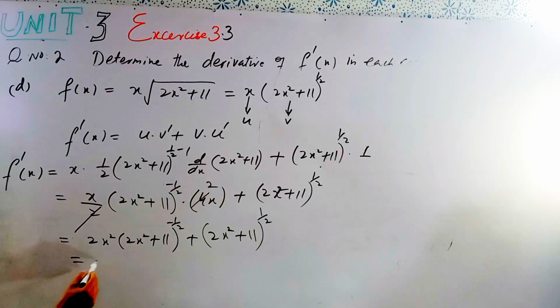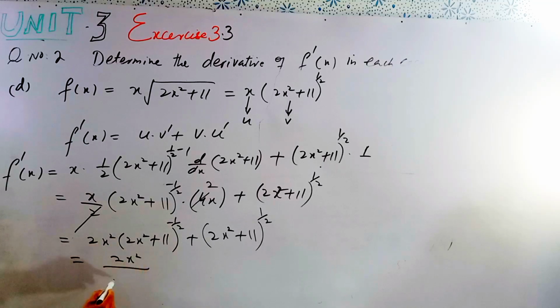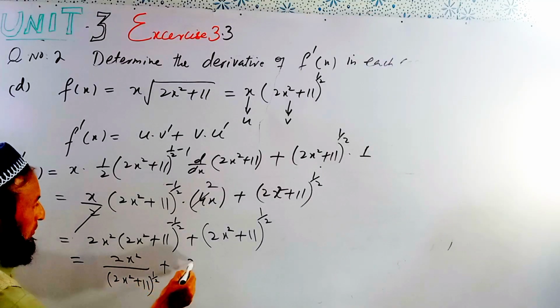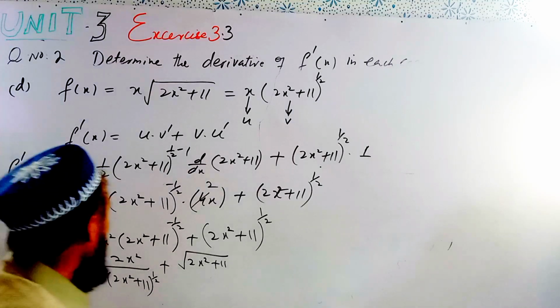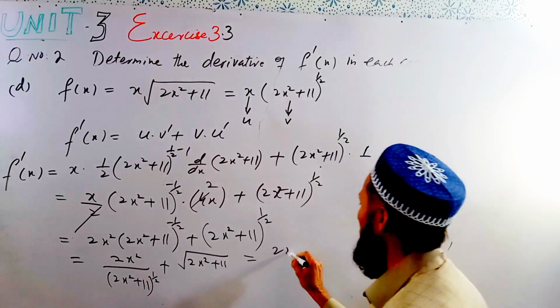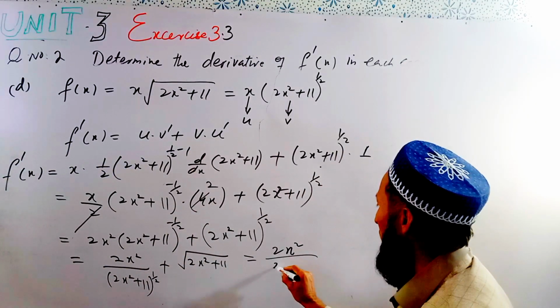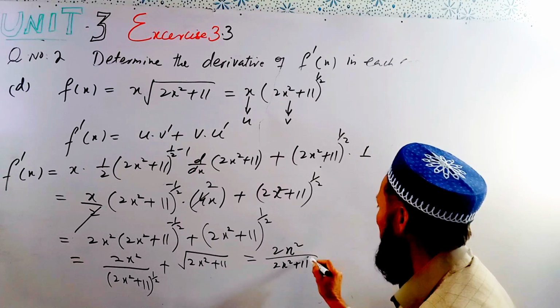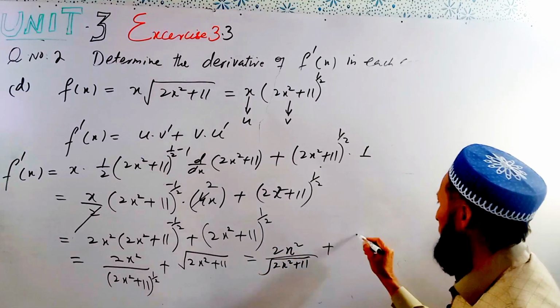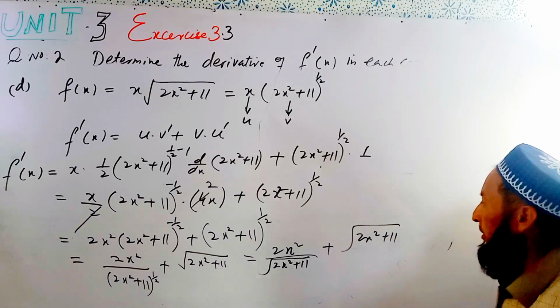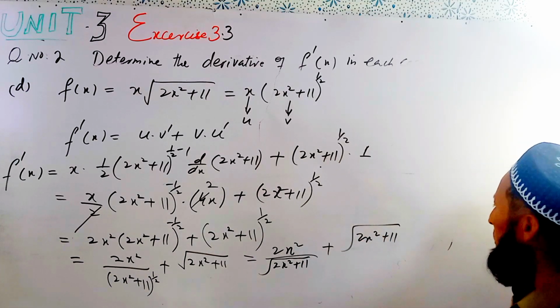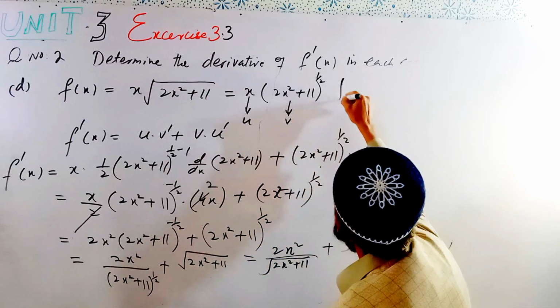We can write this term 2x² divided by (2x² + 11) power 1/2, we change into positive because the power is negative, plus (2x² + 11) under the root. We can write this term further: (2x² + 11) power 1/2 we can change into square root, plus √(2x² + 11). We are taking the square root, we are taking the LCM also.